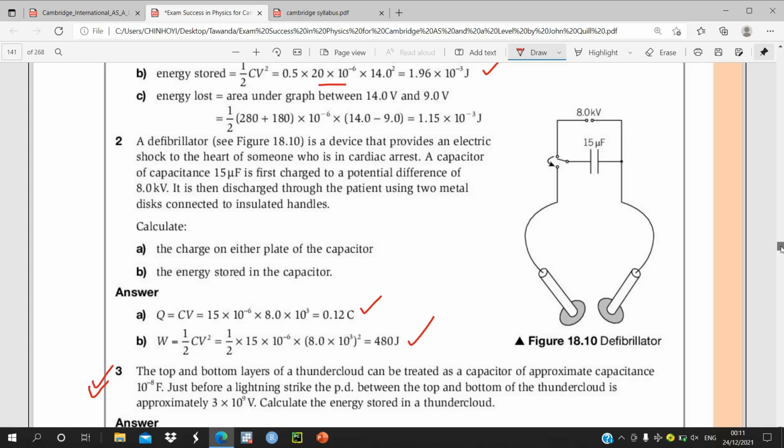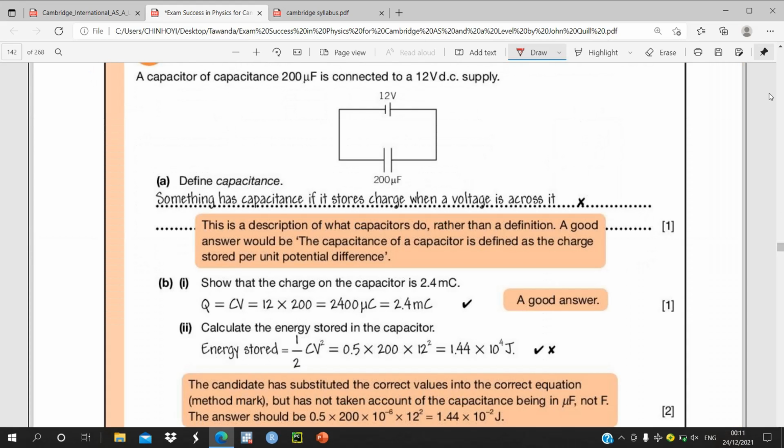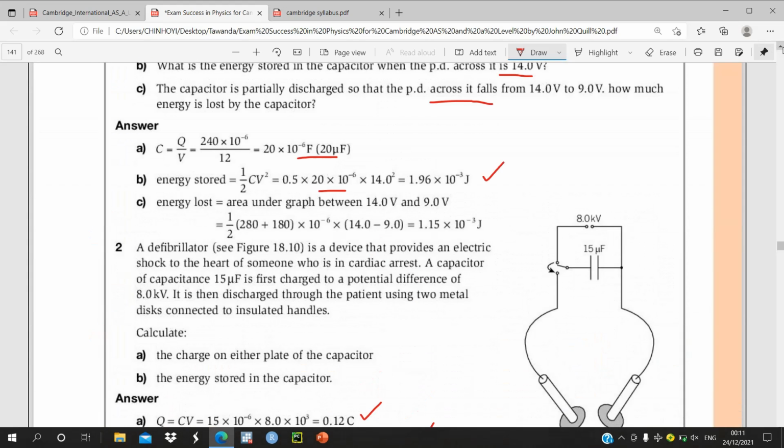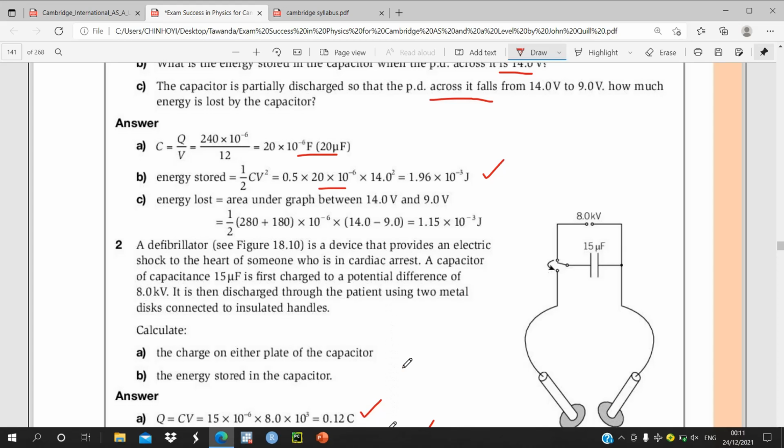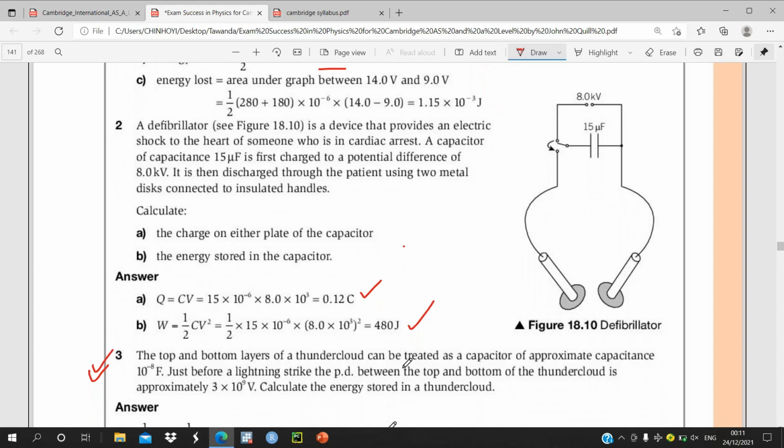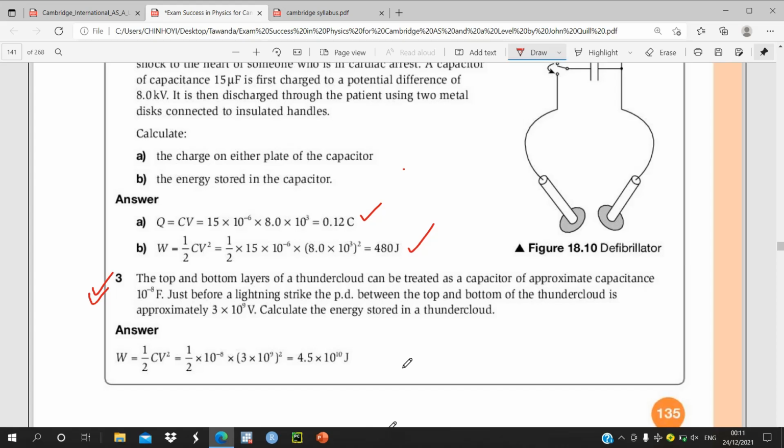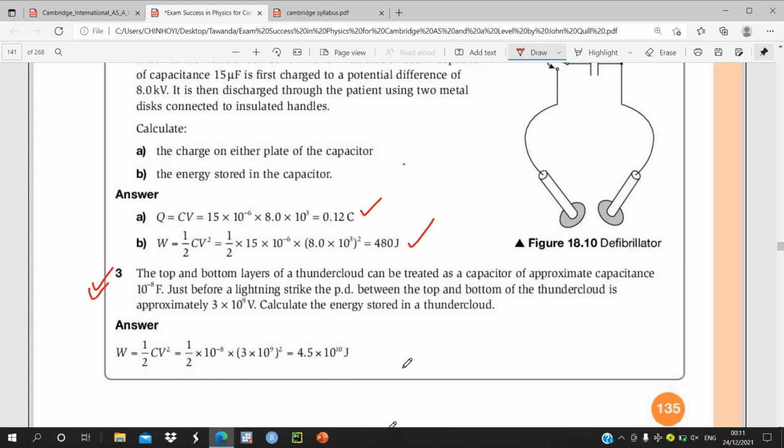Make sure to see if it is your answer, if you are able to get this. If you have paused, here is going to be your answer for number 3. That will be your answer.